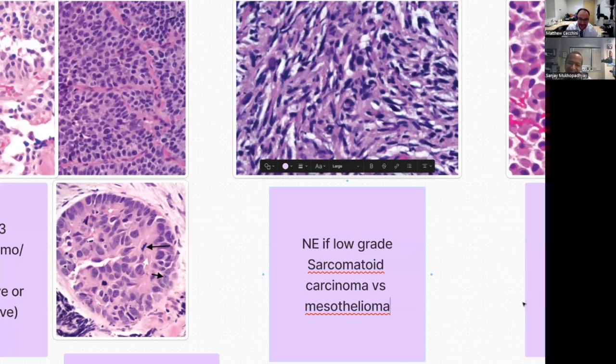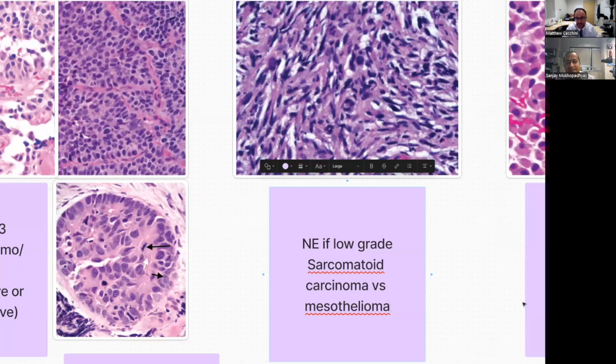Whereas in a sarcomatoid carcinoma, you more expect them to be a little bit more patchy or focal keratin staining. And I always do at least two keratins on these. Either an AE1/AE3, or I have a pan keratin that's got an AE1/AE3 and a CAM in it, so it covers me from there.